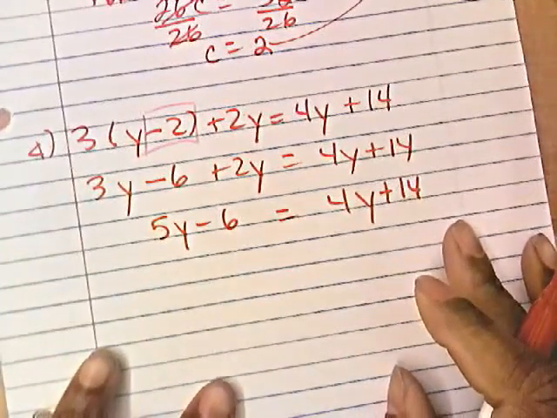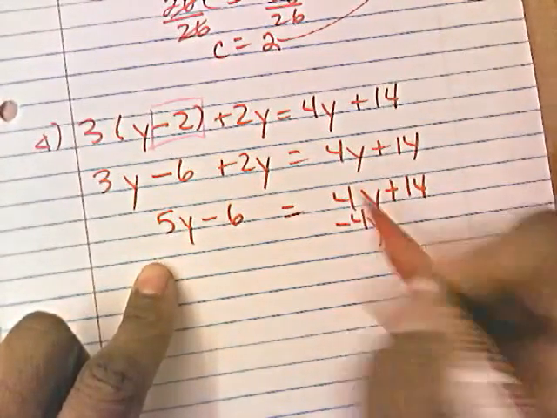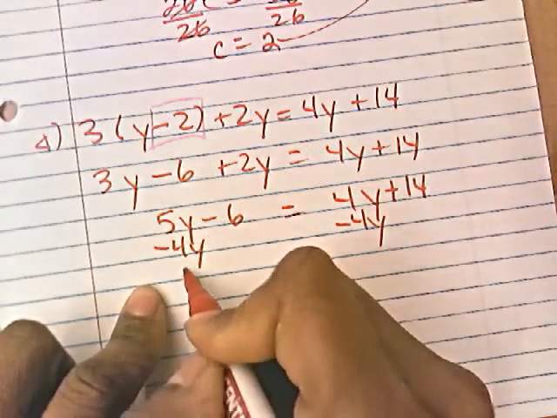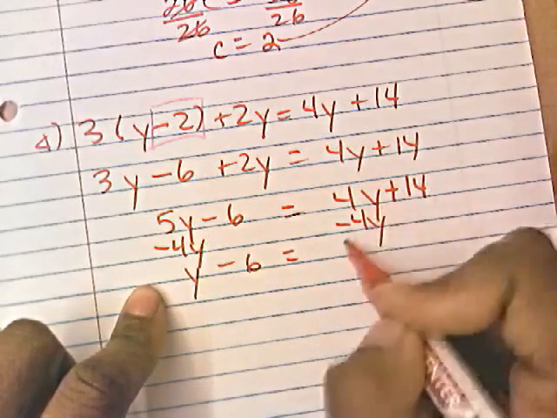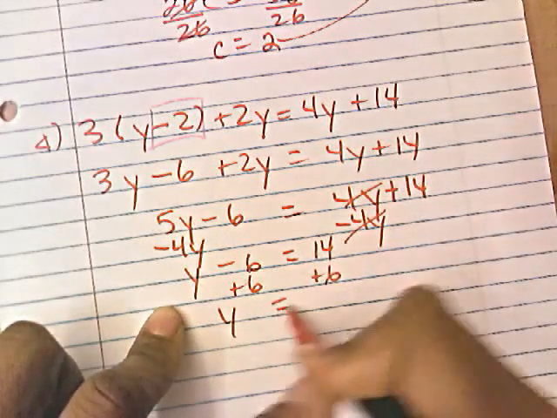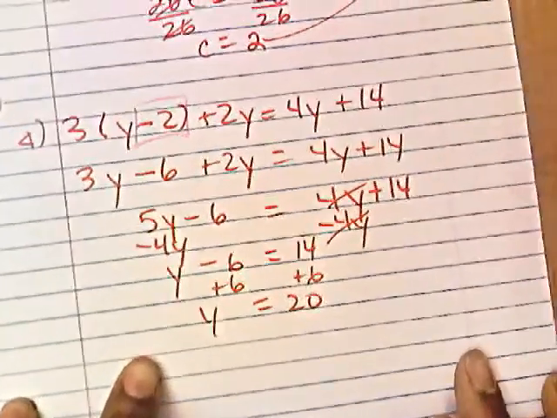Okay. I'm going to get rid of my smaller one. It really doesn't matter. That's just my little rule. It works 90% of the time. Look what I'm doing. The end. Okay? All right.